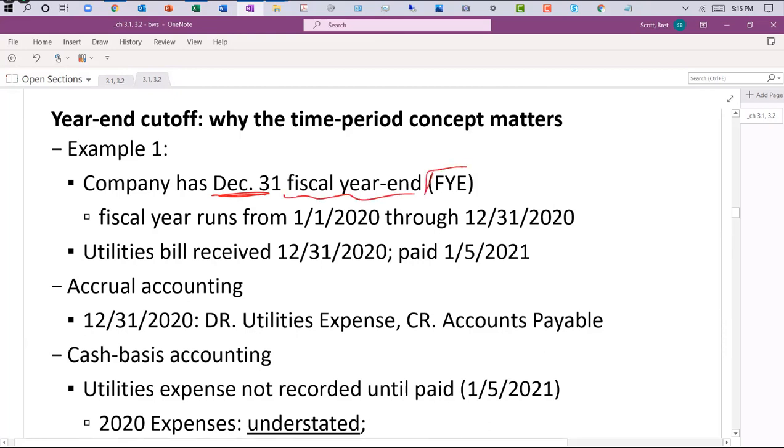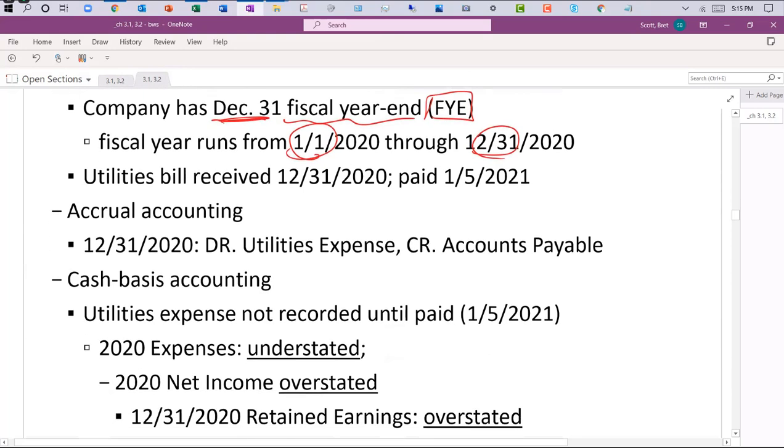That means their year that they measure themselves, the fiscal year, ends on December 31st. So it goes from January 1st to December 31st. Assume that a utilities bill was received at December 31st, 2020, and it includes all the utilities up through December 31st, 2020. We decide as a company to pay the bill 5 days later in the next fiscal year.